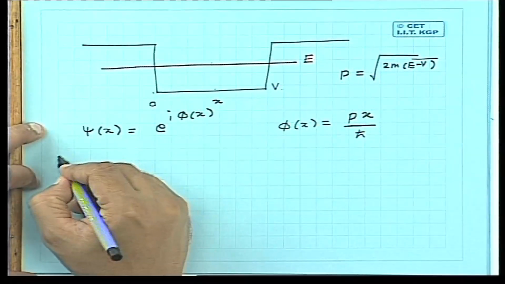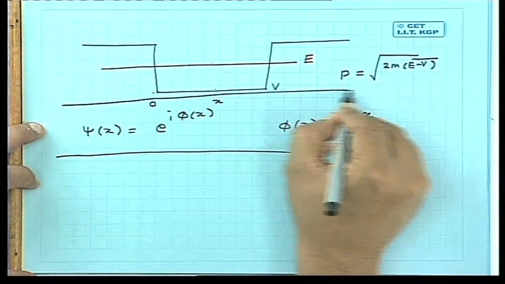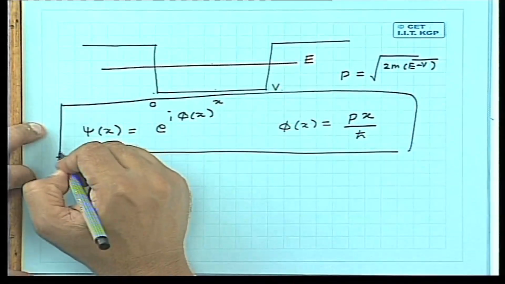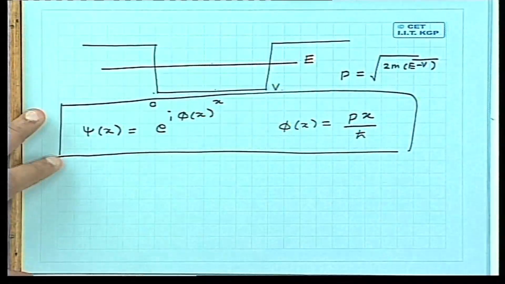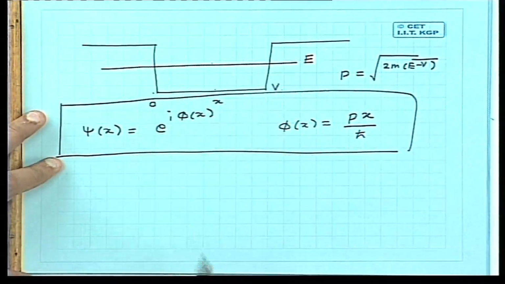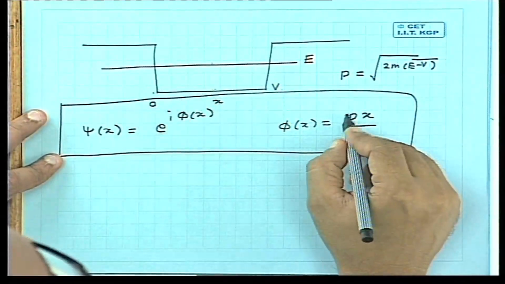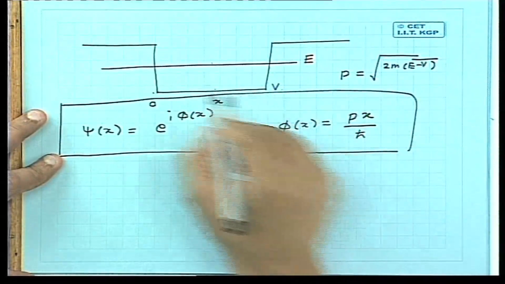This is the exact solution which we have obtained by solving the Schrodinger equation exactly in the region where the potential is a constant, right? And the momentum p is a constant inside.